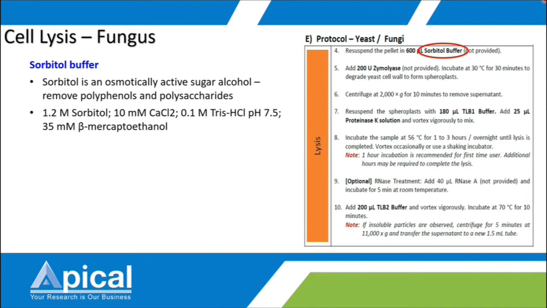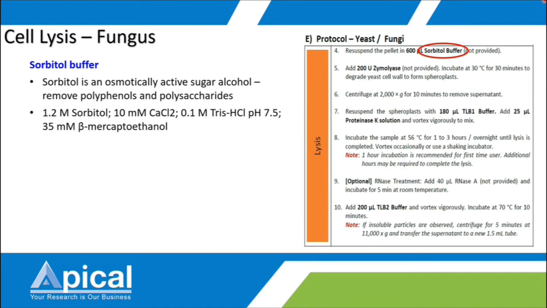Sometimes when you extract from fungus, you may find that the cell lysate shows some brown color. Pre-washing with the sorbitol buffer can help you remove this color. Although this color will not inhibit your PCR, so you can choose to just proceed even if there is some color in your sample.